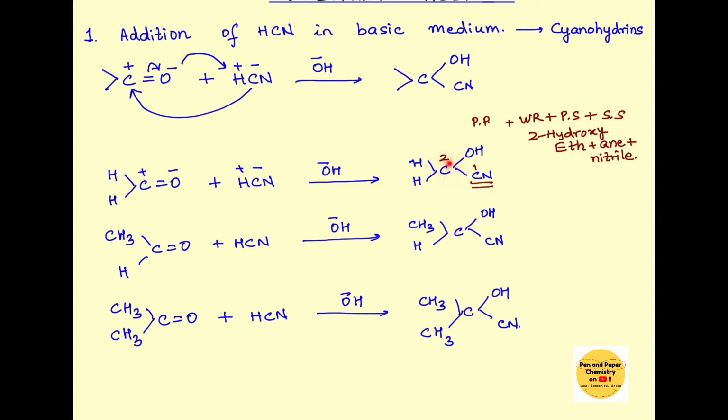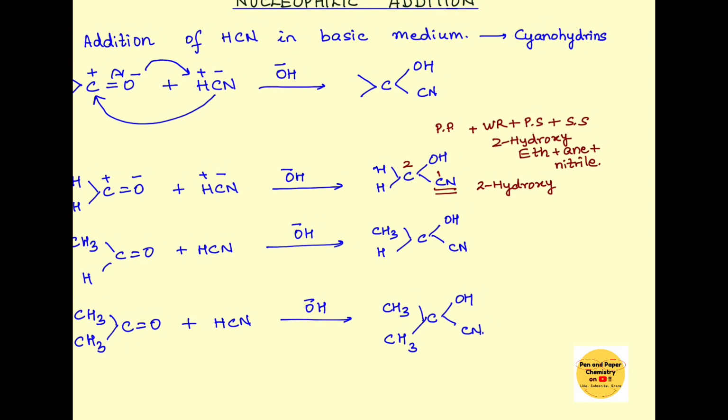So putting this name together, how will we name it? We will call it 2-hydroxy. It's a name, so starting with a capital letter, 2-hydroxyethanenitrile. Yes, commonly known as cyanohydrin.